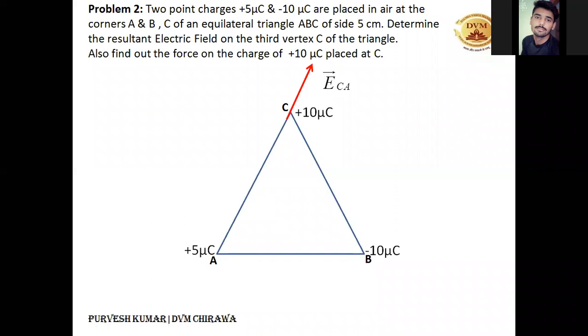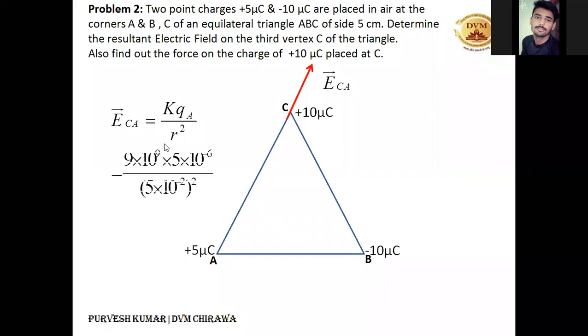So now the electric field at point C due to the charge placed at A, that is ECA, will be KQ upon R square. QA is plus 5 microcoulomb. In place of K I can write 9 into 10 to the power 9, in place of QA 5 into 10 to the power minus 6, and R square is the square of 5 into 10 to the power minus 2.